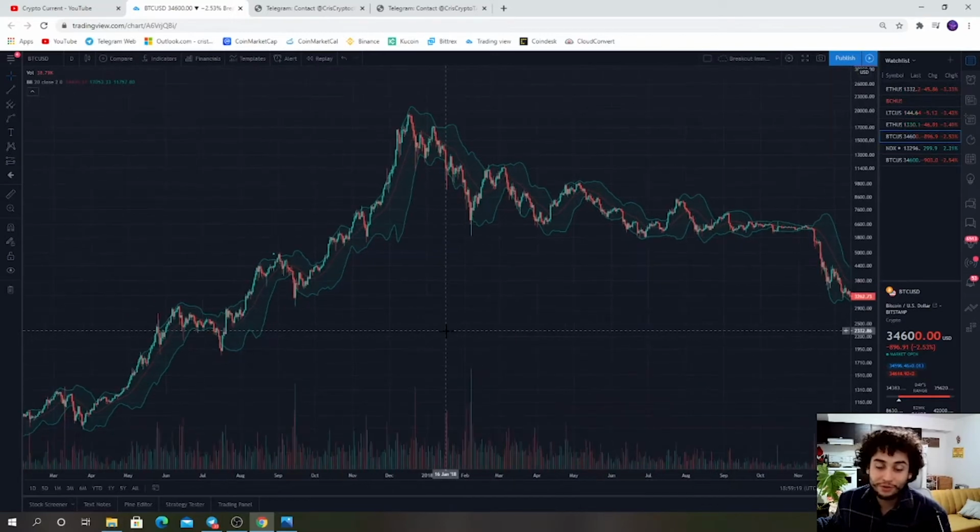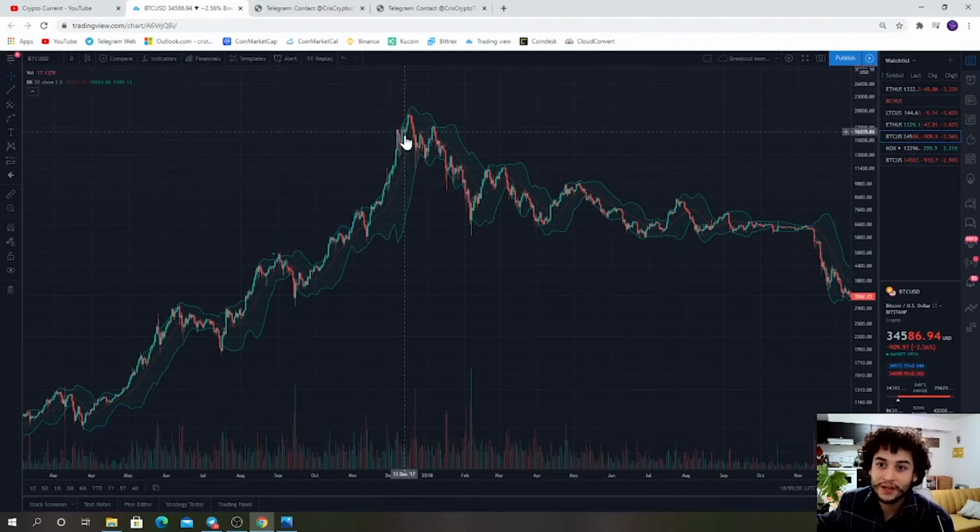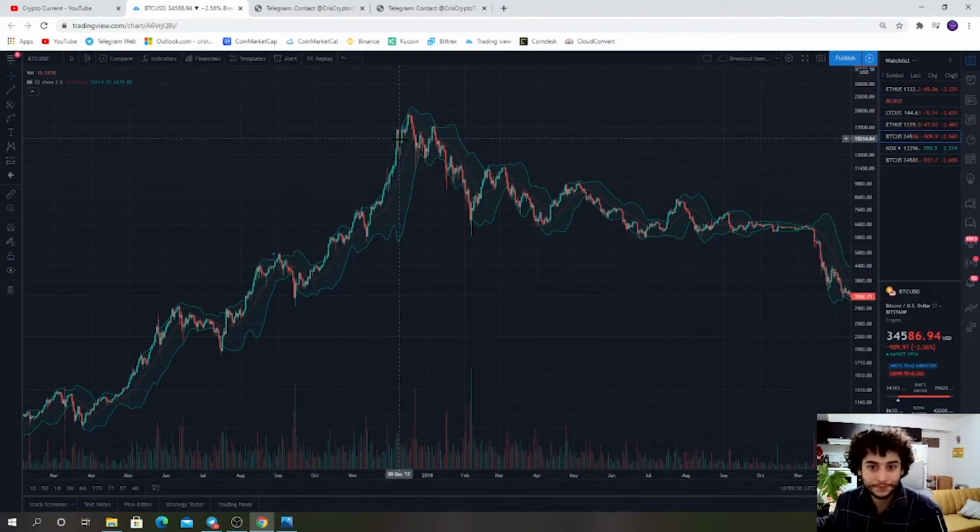Another thing that we can use the Bollinger Band for is, firstly, checking if something's overbought or oversold, and secondly, the volatility, right? So here, for example, we saw that the price was way up here, but the cloud extended all the way down here, which means that at this point in time, Bitcoin was incredibly volatile.